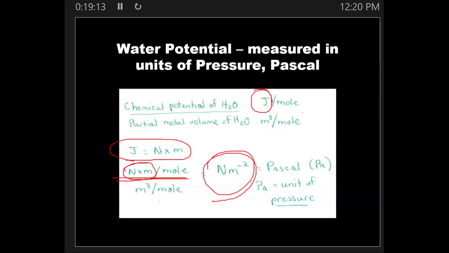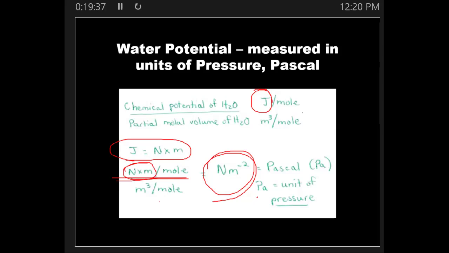You can buy instruments that can measure pressure, really not too bad. And it's gotten less expensive over time. And so this is a more practical way to actually try to figure out how water is moving through the plant body. So plant physiologists are all about simplifying and making things easy so that we can measure things in real life. And so this is a good way to do it.